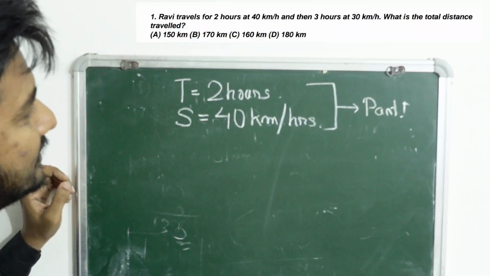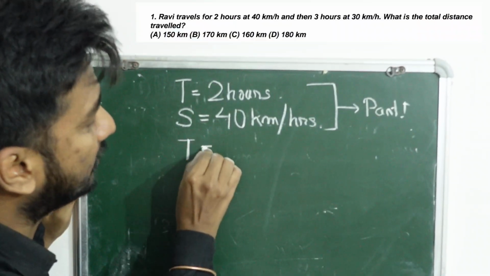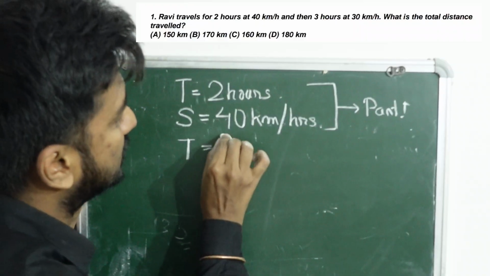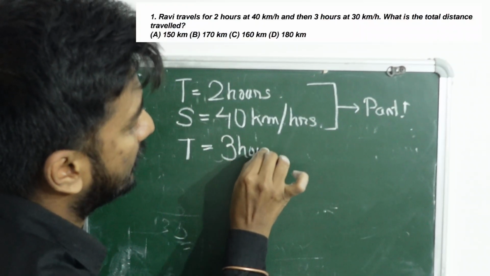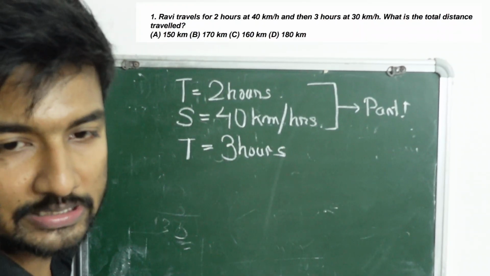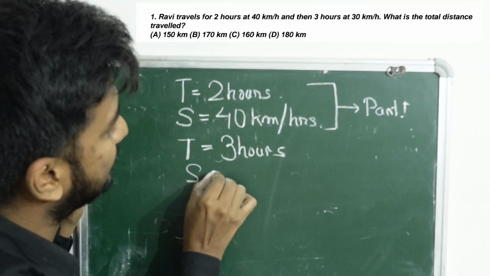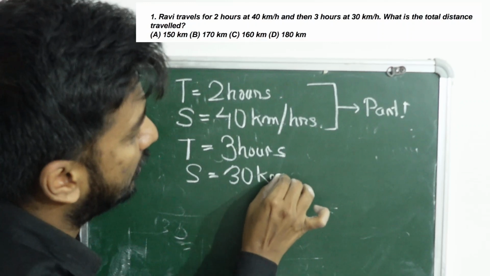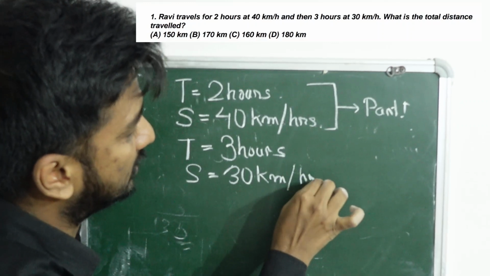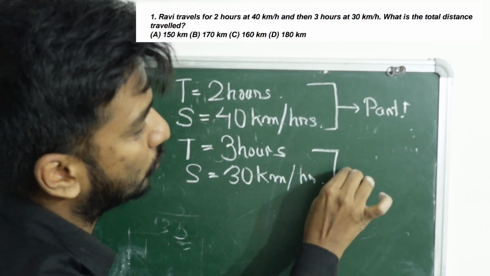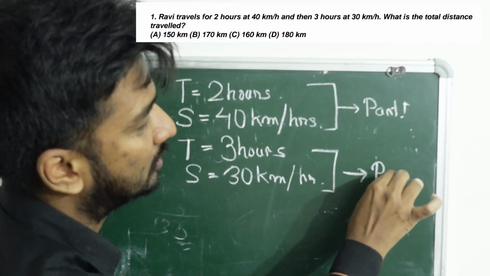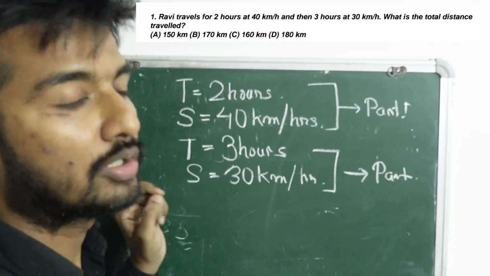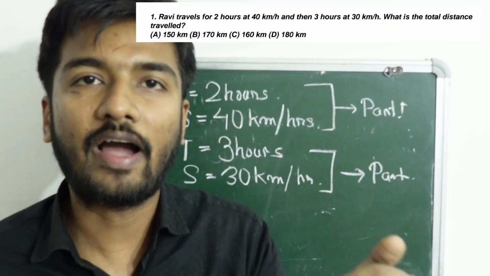Now when it says part 2, time is given as 3 hours. And what is the speed? Speed is given as 30 kilometers per hour. That's part 2. So what you have to do is find the distance.